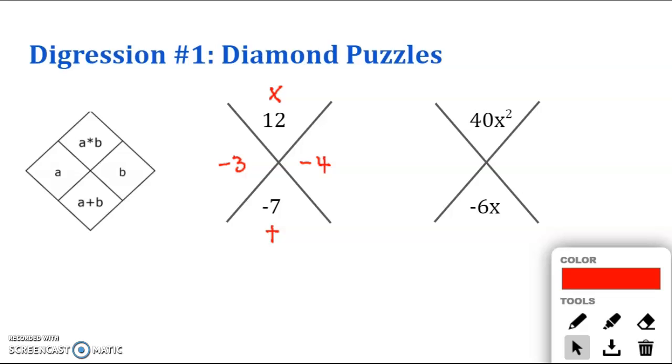All right, so then a slightly different form that you might see is this. Again, it's the same pattern. So 40x squared is the multiplication of the two numbers, and negative 6x is the addition of the two numbers. The only way you can get x squared is if you have x times x.